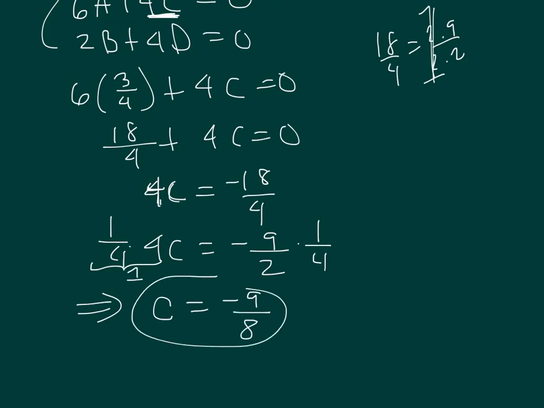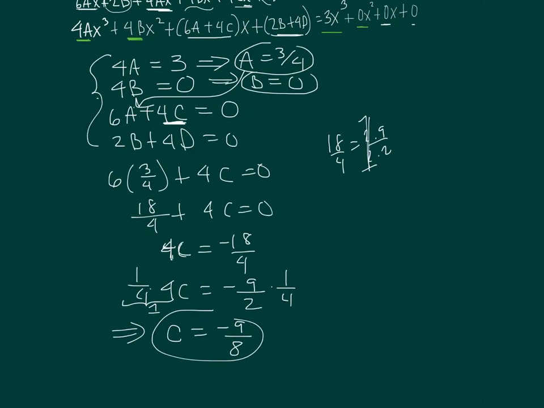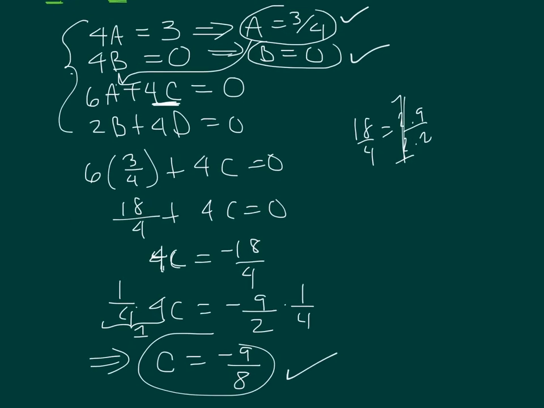So far I found a, b, and c. Here's a, here's b, here's c. And all I need is d, and I can definitely find d. I have a relationship here between b and d. So 2b, well, this is great because 2 times 0, so this works out nicely.